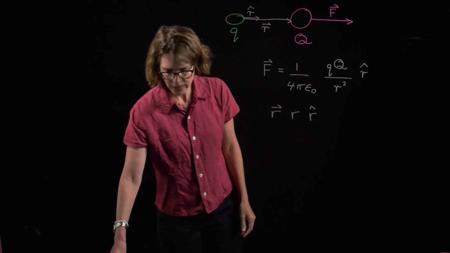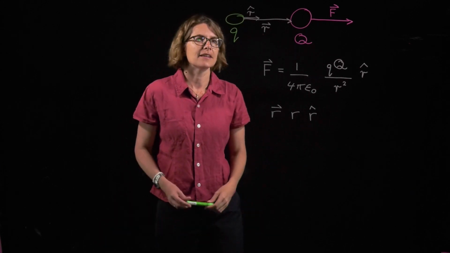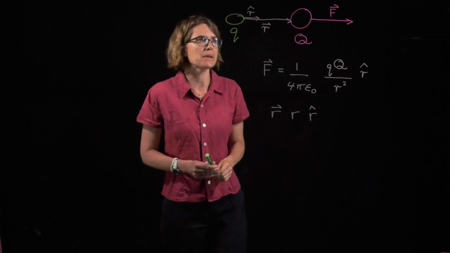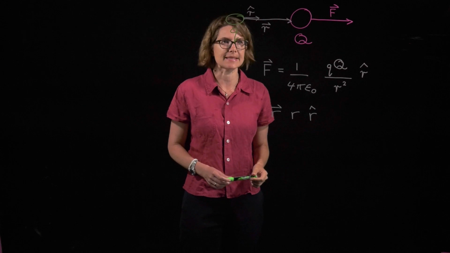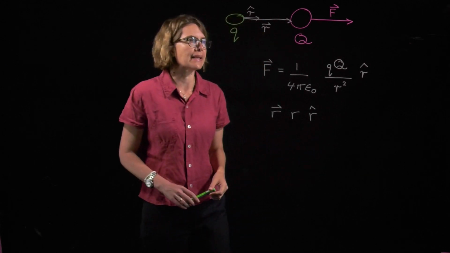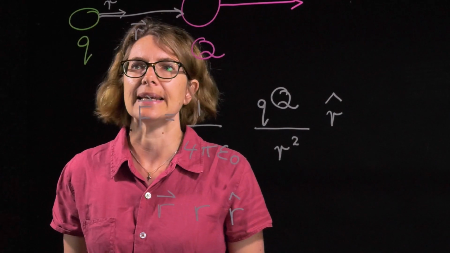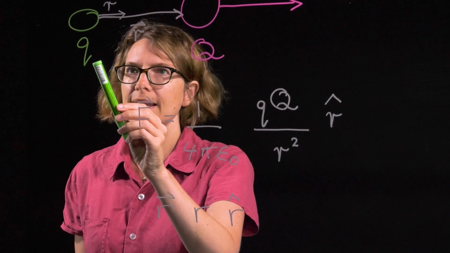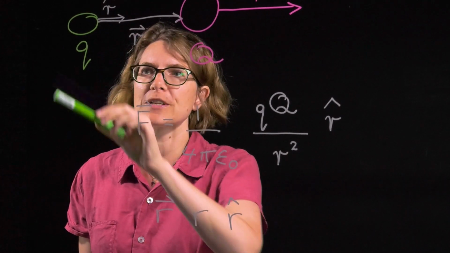Now, if we take little q out of the picture, then of course the force on big Q completely disappears, doesn't it? So another way of describing what is happening here is by considering that little q is setting up a field of influence around it.